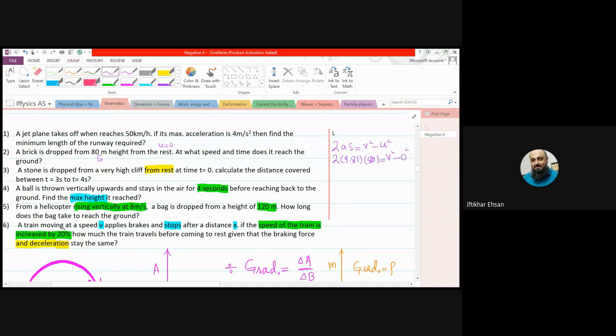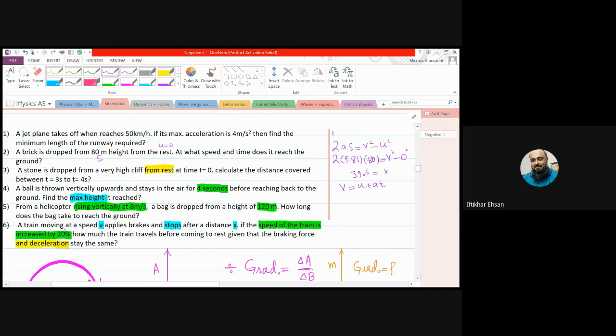It's not necessarily that we have to do it in this order; we can change the order. We can find the time first as well, choice is yours. When you find V to be 39.6, don't forget the unit, meters per second. Then we can use the first or the second equation to find time.